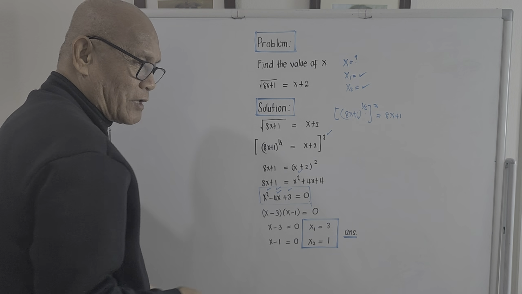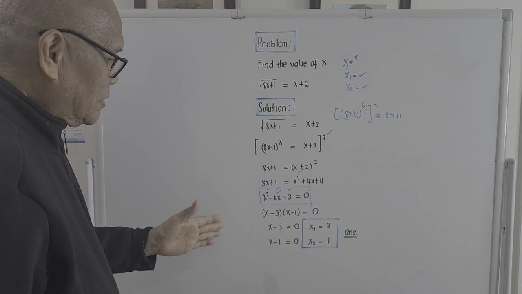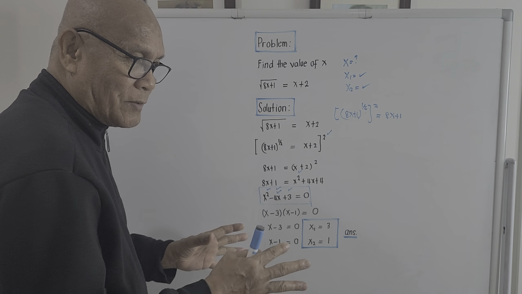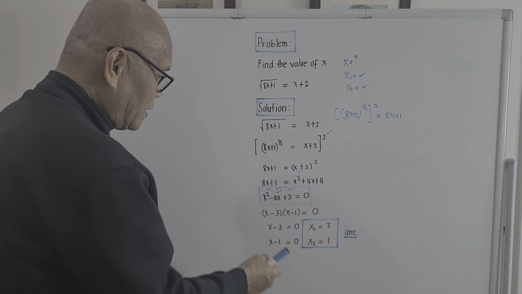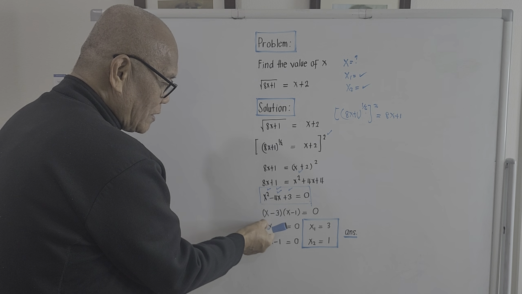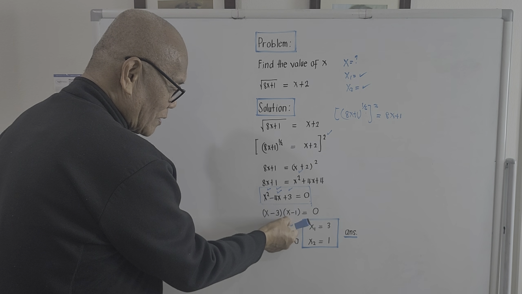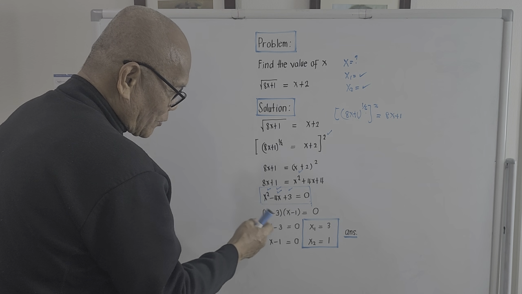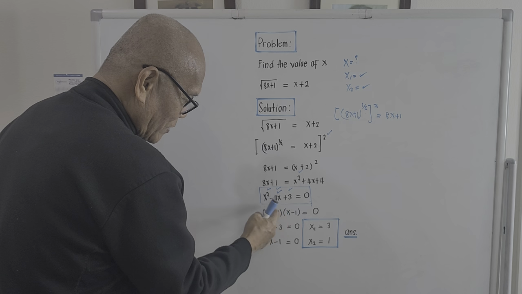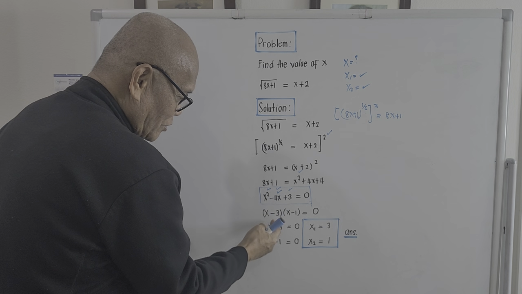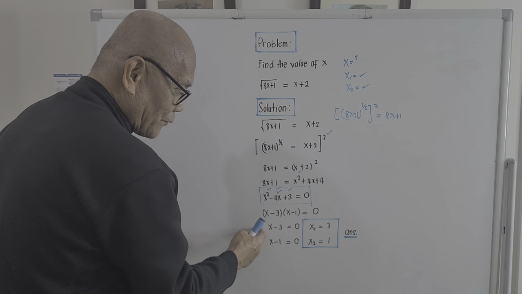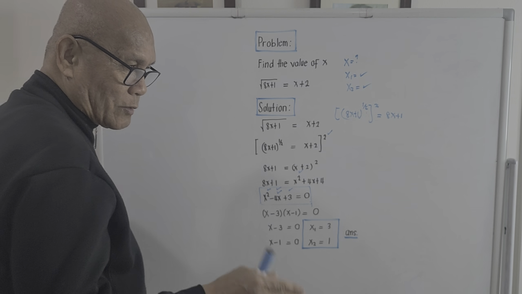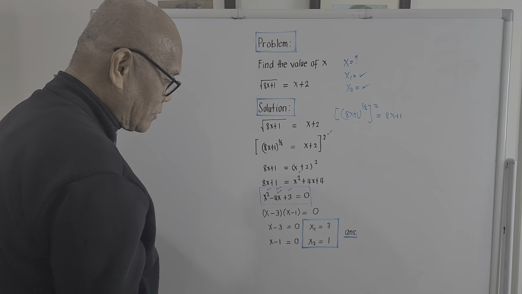So the resulting quadratic equation could be solved by using factoring, and the possible linear factors are the quantity x minus 3 times the quantity x minus 1, and this should be equal to 0. We checked already that the middle term will be negative 4x, right? It is minus 3x minus x, which is negative 4x. So these are the possible linear factors. And under the rules on how to compute for the unknown, we equate each linear factor to 0.